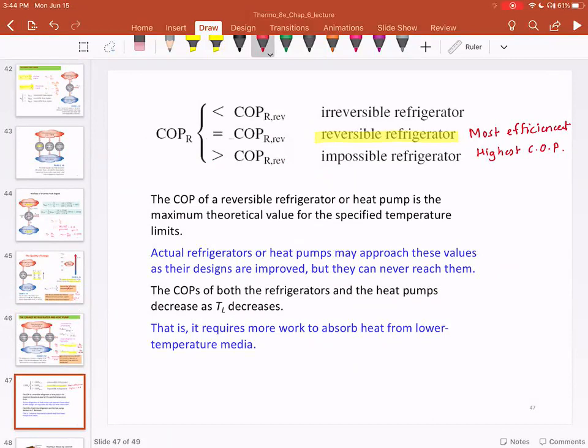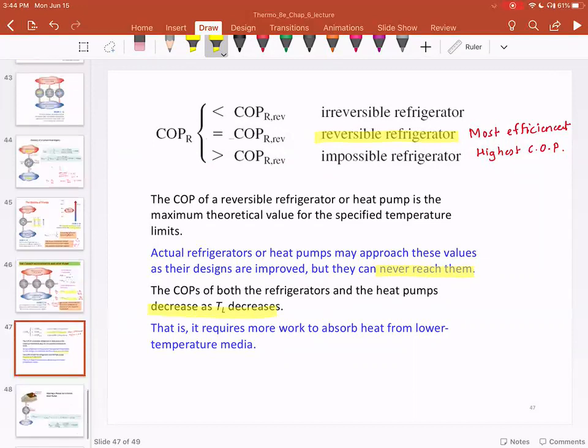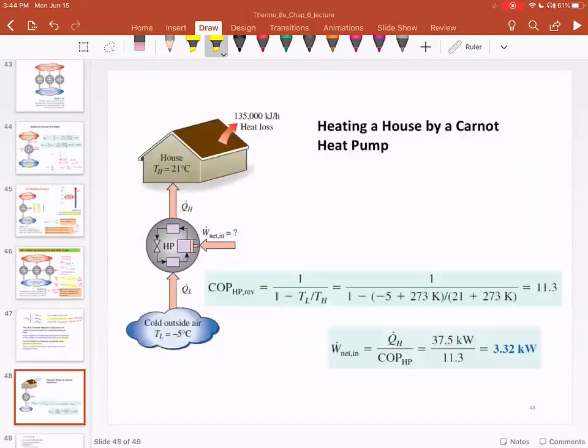And actual refrigerators may approach these values, but they will never reach them. So this is something that you want to remember. The COP of a heat pump and refrigerator decreases as the lower temperature decreases, and these are the fundamental concepts that you should keep in mind when we work out the problems.